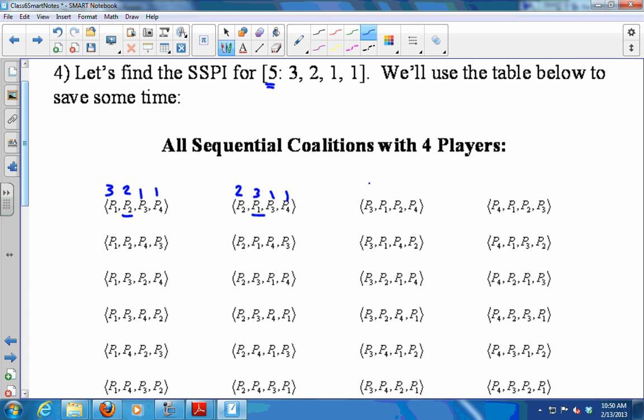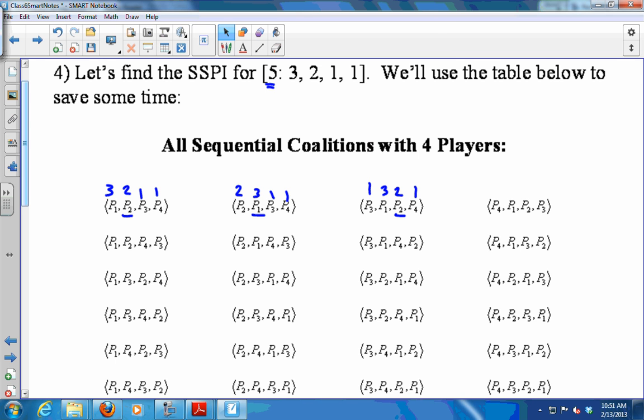So this would be 1, 3, 2, 1. Player 3 has 1 vote, not enough. Add player 1's 3 votes, still not enough. Move to player 2. Now we're over the quota. Player 2 is pivotal in that case, at or above the quota. All right, so in your groups, finish going through and figure out who's pivotal in each of these 24 coalitions.